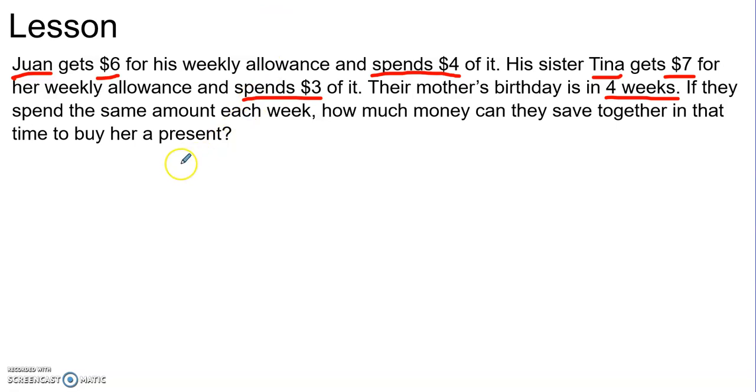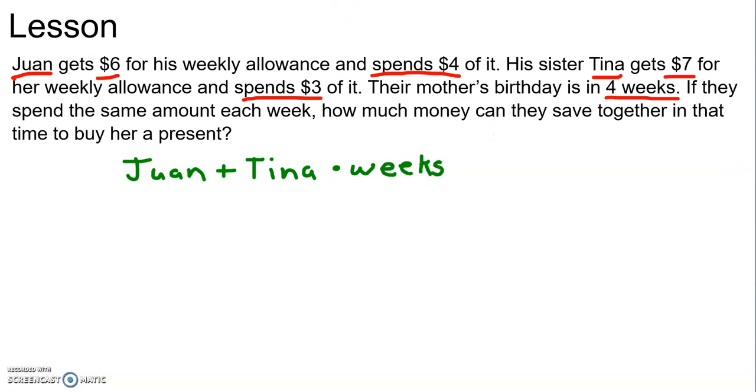So the first thing I'm going to see is how much Juan saves a week, and I'm going to add that to what his sister Tina can save. And after I do all of this, I'm then going to multiply it by the number of weeks they have to save.